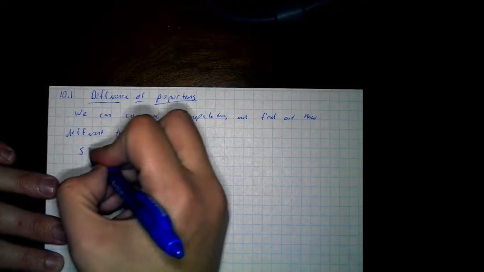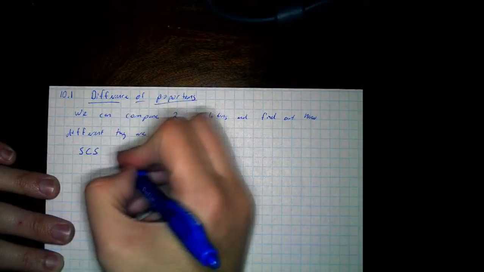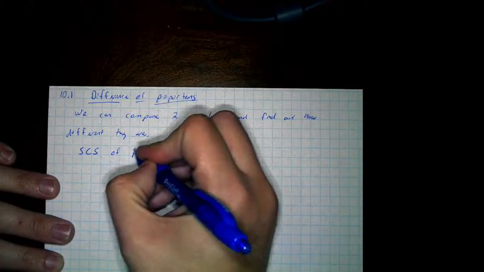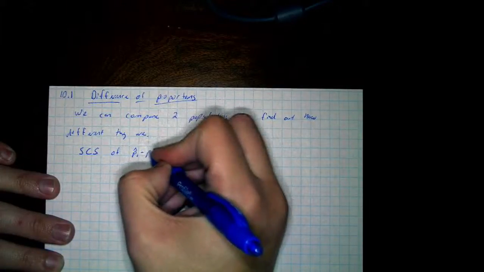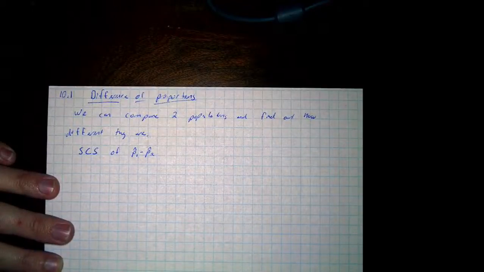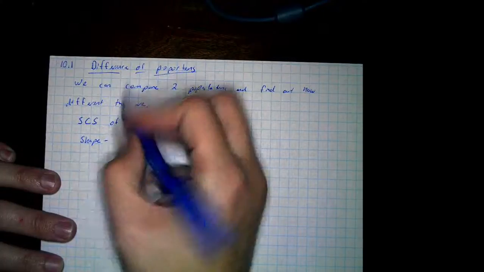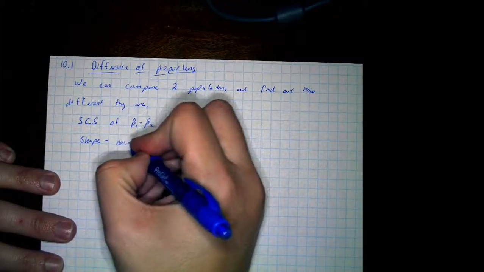So we can do the shape, center, spread. If you see describe the distribution, p hat 1 minus p hat 2, the shape is normal.